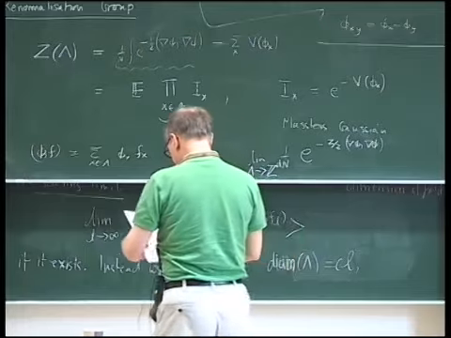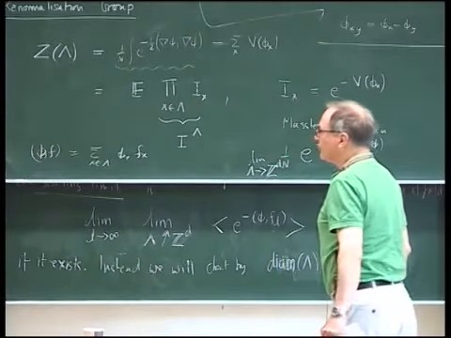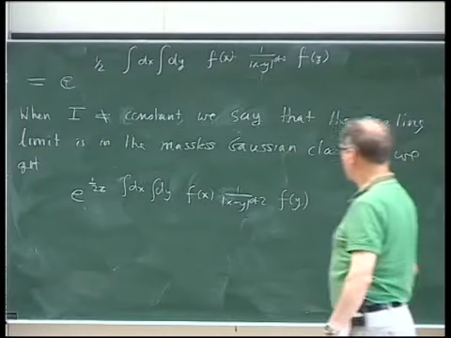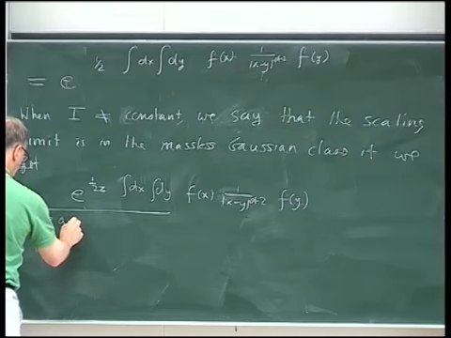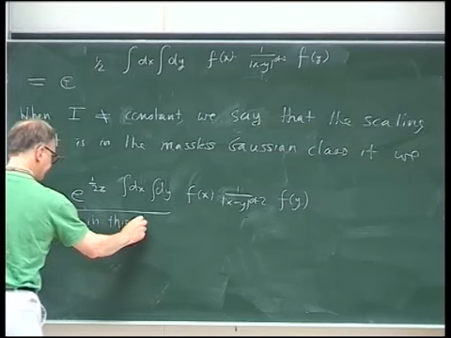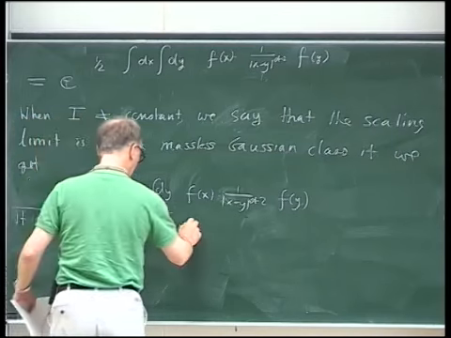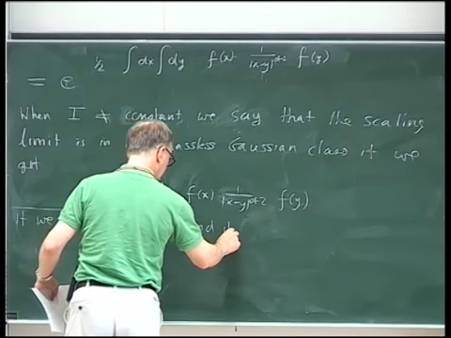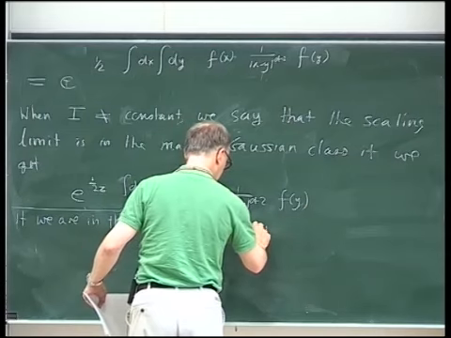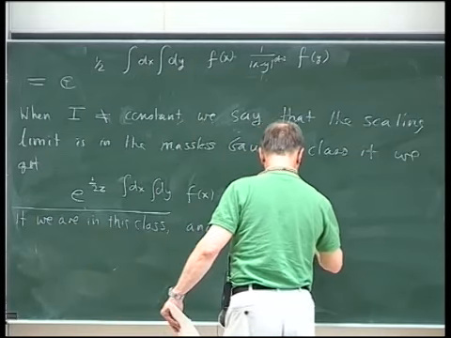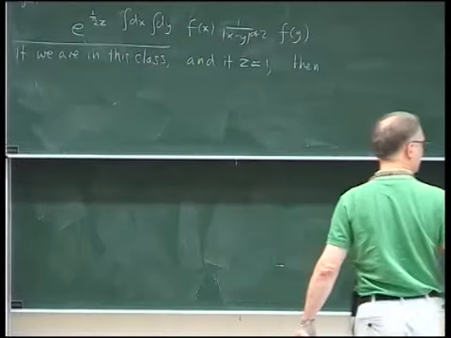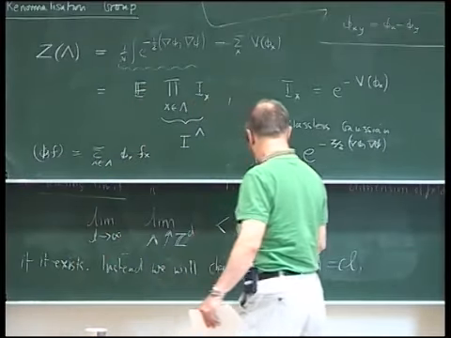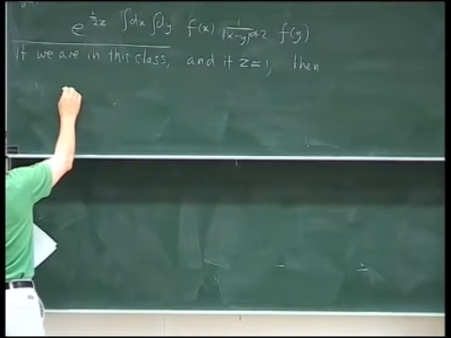Right. Now, let's just take this a step further. If we're in this class, and if z is equal to 1, as it will be for our examples, then the way to prove that this limit, when I is not 1, is this expression, is to do the following thing.